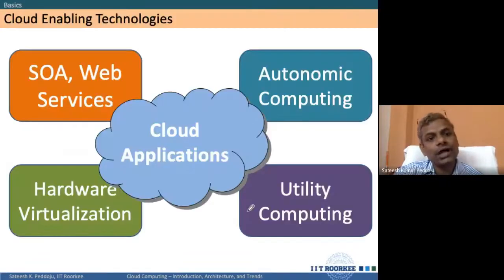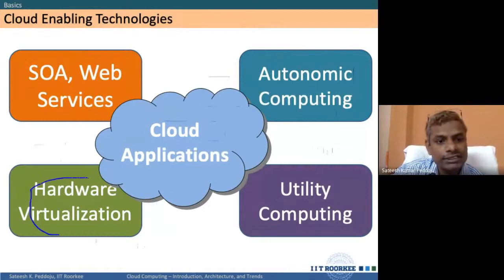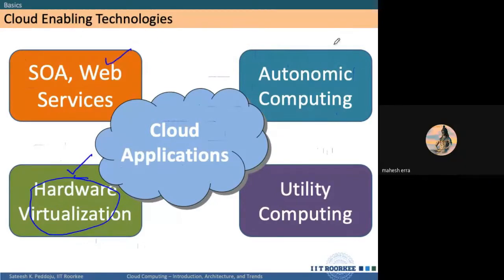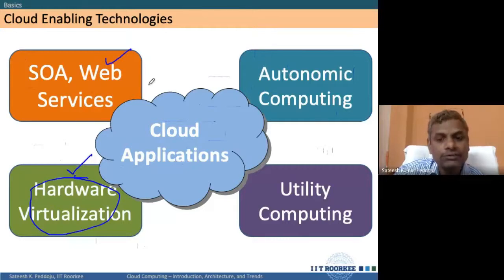So how does this cloud actually work? What is the backend mechanism? As I mentioned, virtualization is the fundamental backend of the cloud. Apart from that, it uses service-oriented architecture in the backend, because it uses services. You have to start, stop, resume, and pause the service, and you can do these activities automatically as much as possible. So it is autonomic computing.